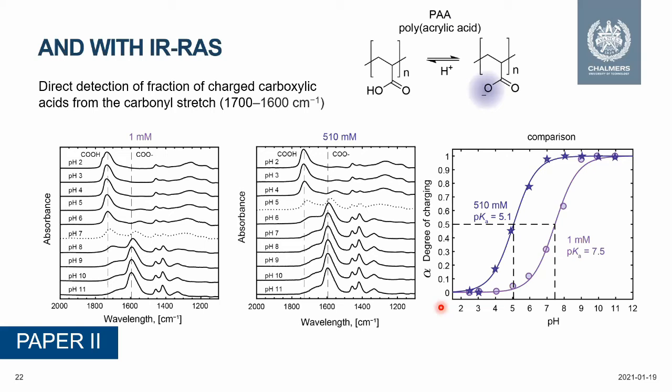So here you see IR spectra to the left, which is a direct measurement of the protonation state of, in this case, polyacrylic acid. We use this to, again, generate curves showing the degree of charging. And using a third technique, we could show, again, that the total salt concentration shifts the pKa by several units.